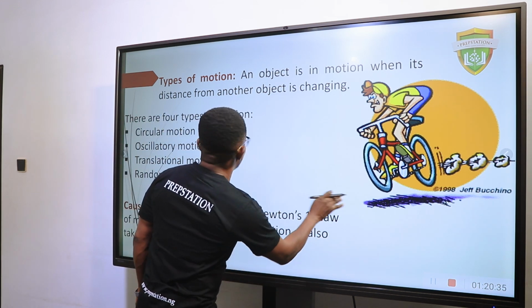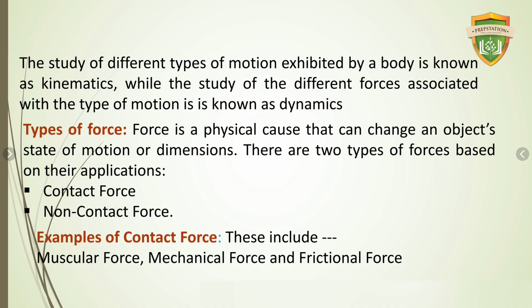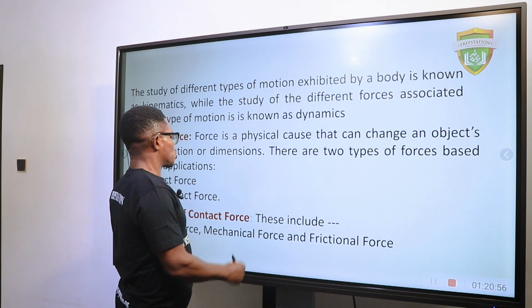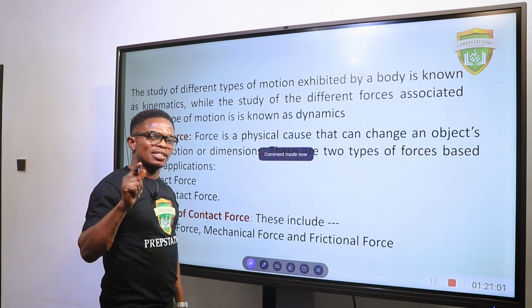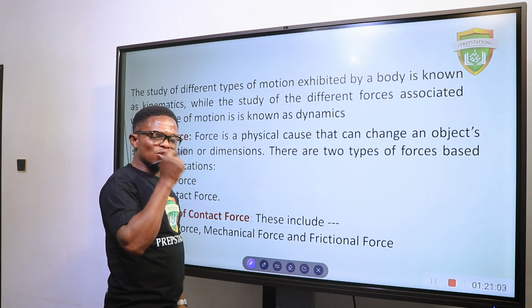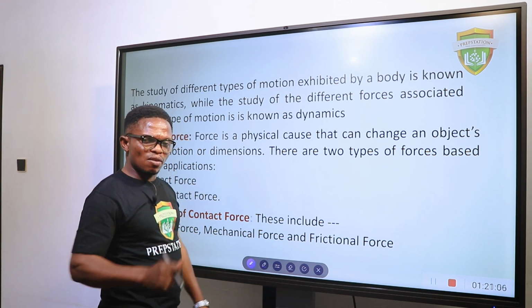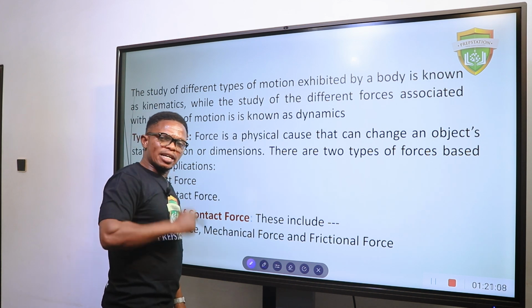Okay, let's move forward. The study of the different types of motion exhibited by a body is known as kinematics. I explained that before. While the study of the different forces associated with a type of motion is known as dynamics. For example, the force responsible for rotational motion is not the same force responsible for a simple pendulum, and it's not the same force responsible for linear motion.